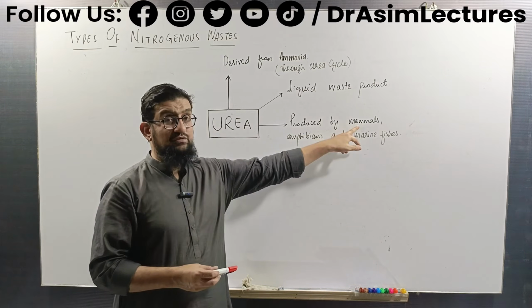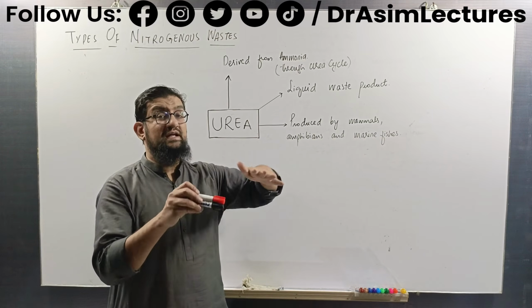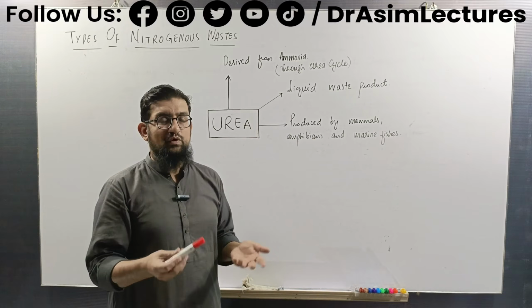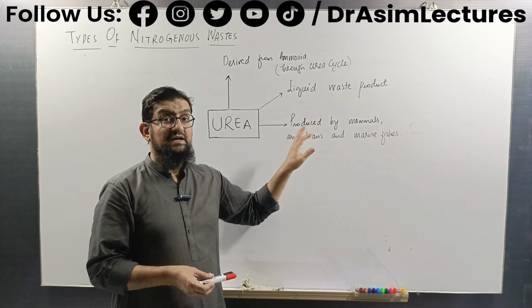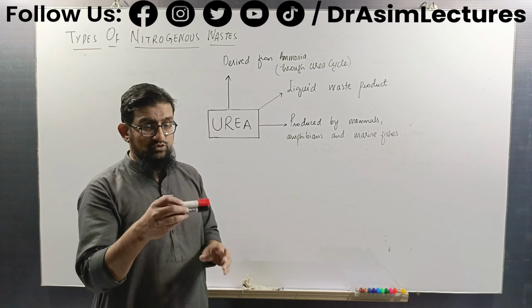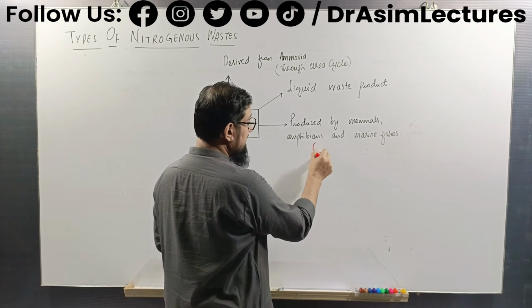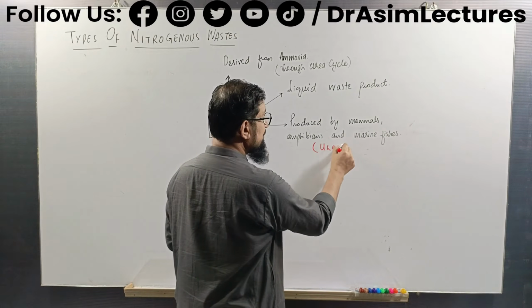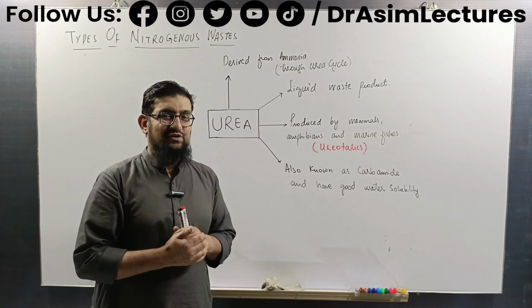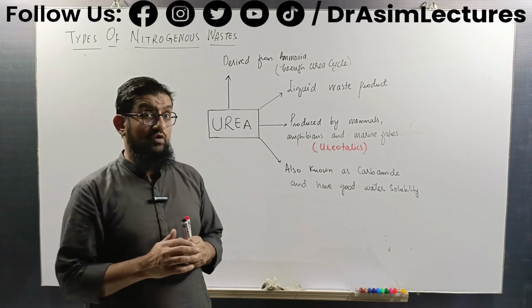That's why the animals who dwell on land, which are the mammals, and animals who live in a hypertonic environment, seawater, that are marine fishes, can afford to have urea as their waste product. Now please do remember, living organisms who have urea as their waste product are called ureotelics. You must also remember that urea is also known as carbamide and it is fairly soluble in water.